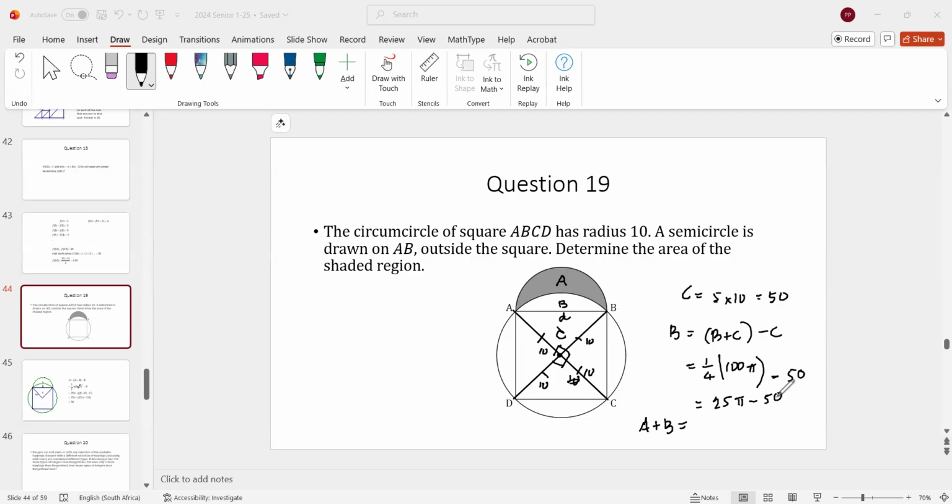So A plus B is half of the full circle. And the full circle has area pi r squared, and r is d over 2 because I'm calling this d the diameter.